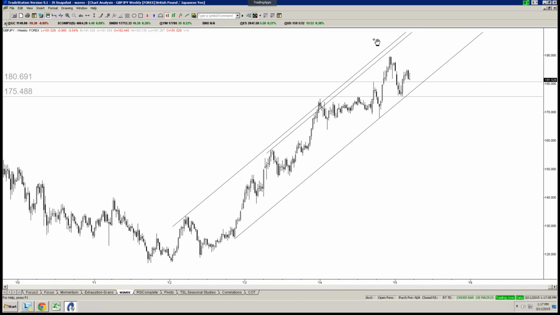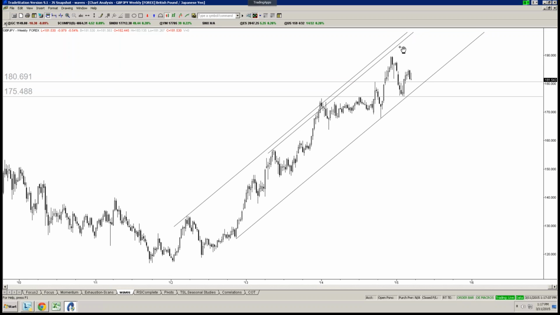And what this tells you is that once you get down to support, to the lower channel, where most of the time you'd be expecting the channel to hold, the implications are that the channel will not hold, and that you're actually going to break through it to the downside. Obviously the trend here is awfully mature.